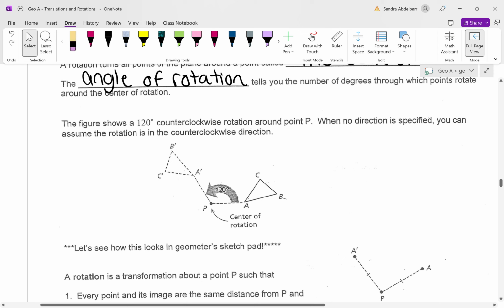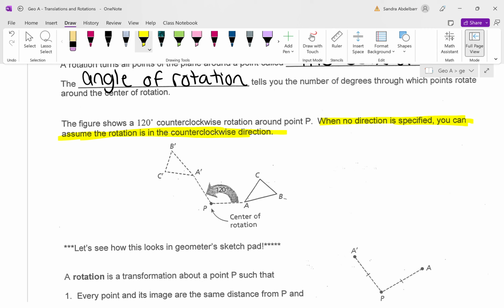All right, so the figure shows 120 degrees counterclockwise rotation around point P. When no direction is specified, you can assume the rotation is counterclockwise. This is a big deal. When no direction is specified, you can assume the rotation is counterclockwise.